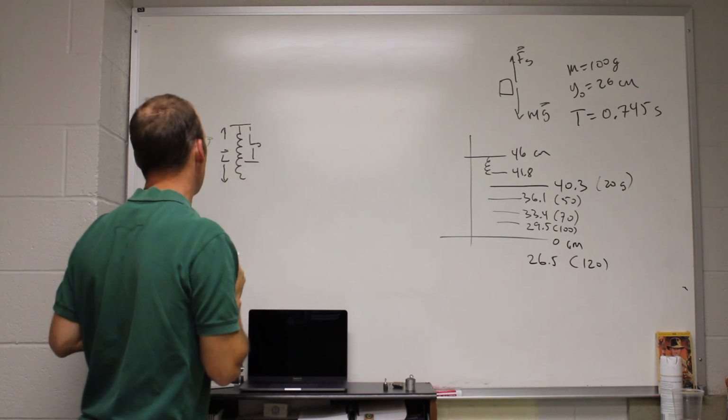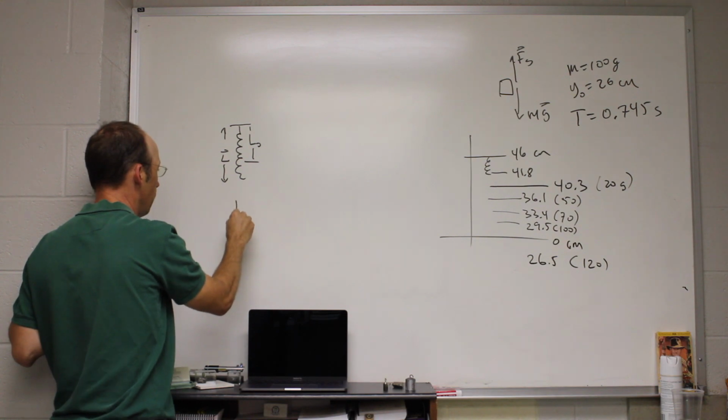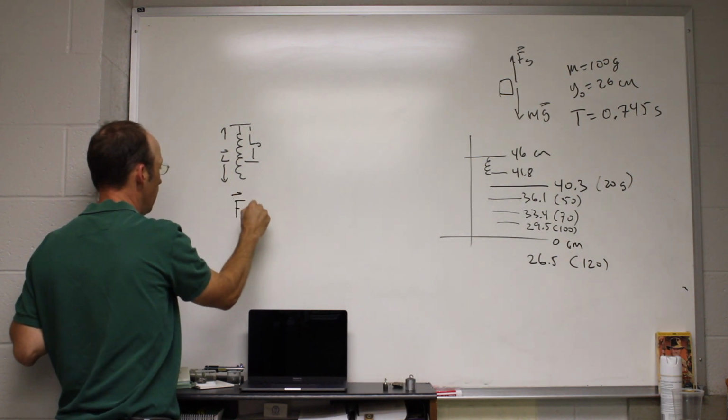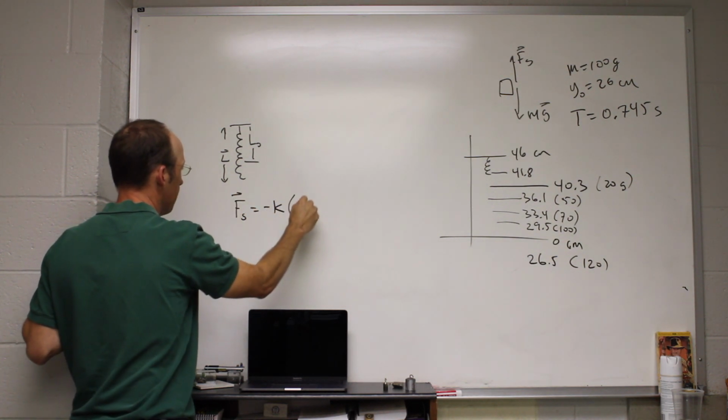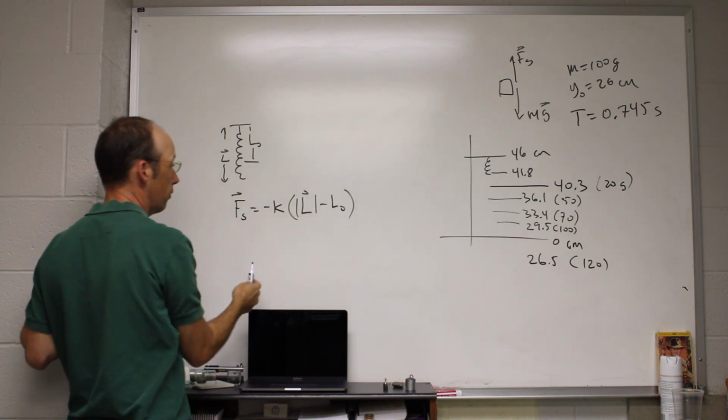For some situations, I really have to do it this way. Then this has a spring force going in that direction, and we'll write it as F_s equals negative k times the magnitude of L minus the unstretched length L0.